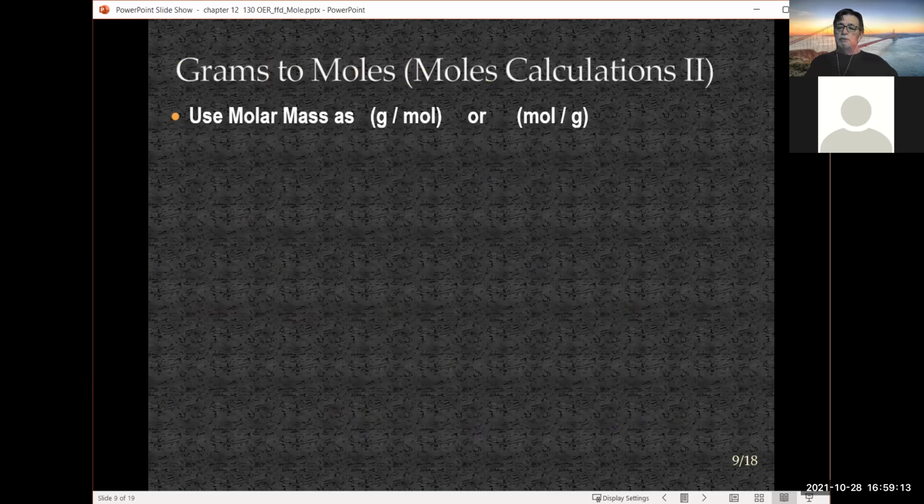So now we're going to use the atomic weight, the molar mass, to calculate going from grams to moles, okay? We're going to go from grams to moles. And remember that the molar mass has the units of grams per mole, which we can write as moles per gram.